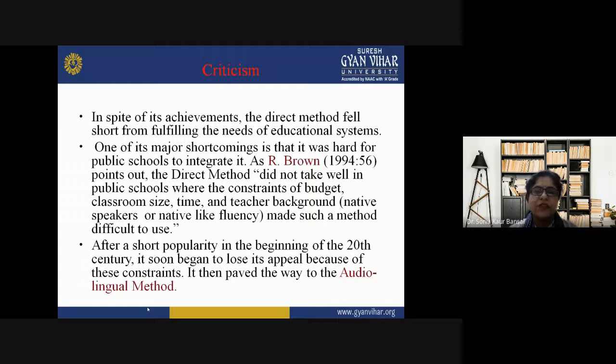In grammar, we teach through the inductive and deductive method. When we are giving the presentation of any teaching point, the students answer it, and we are expecting those answers in English language only. Then we make the generalization, that is also in the target language only, and then we do the practice in the target language.